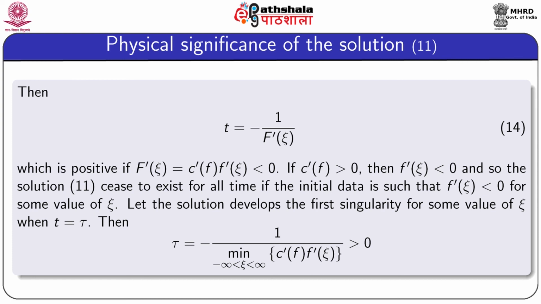Since f dash xi is a negative number, we have to find the minimum of f dash xi for xi from minus infinity to plus infinity. So, for the first singularity, tau is equal to minus 1 divided by the minimum of c dash f into f dash xi, where xi varies from minus infinity to plus infinity. Of course, this tau must be greater than 0 because this represents a particular time.